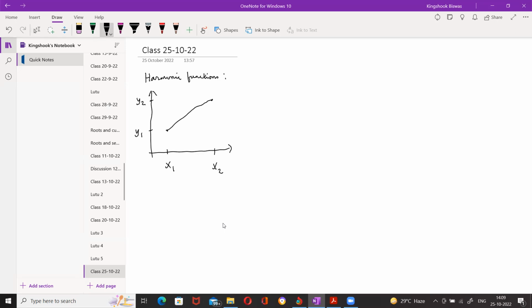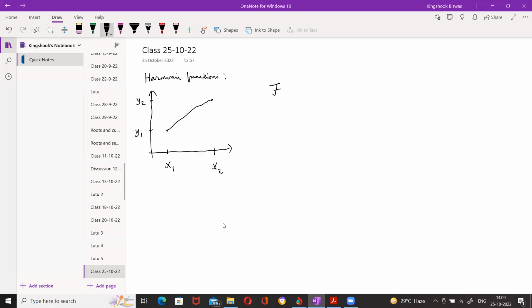Okay. So how can I construct this linear function using convex functions? Well, what I can do is look at the class of all convex functions.